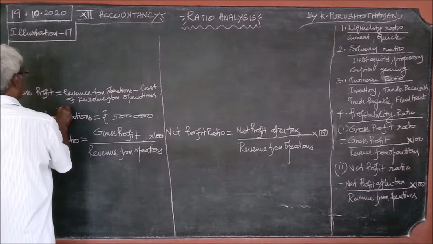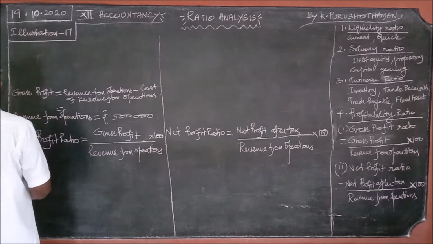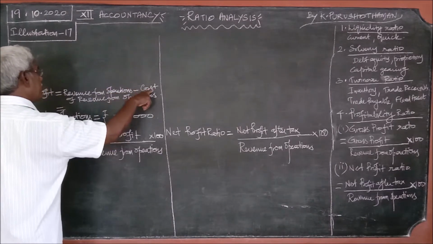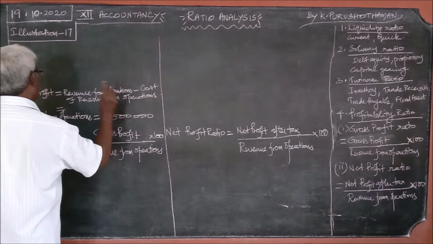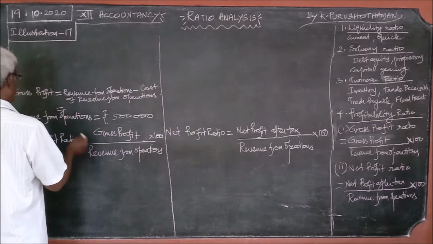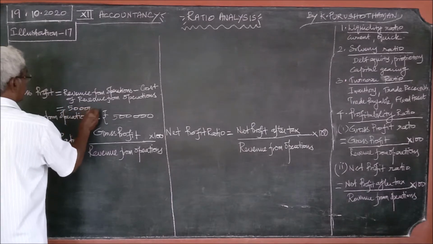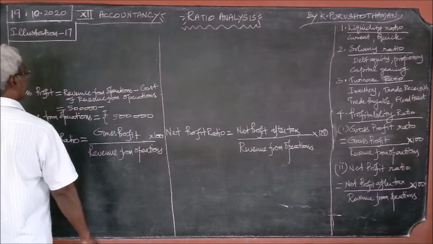So, to find this gross profit, from revenue from operations, we should minus cost of revenue from operations. Revenue from operations is 5 lakhs. No doubt in it. It is readily given.